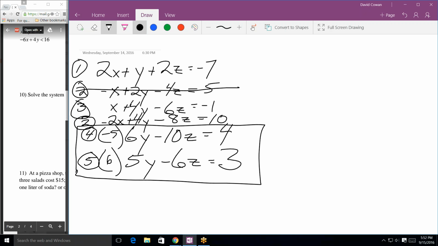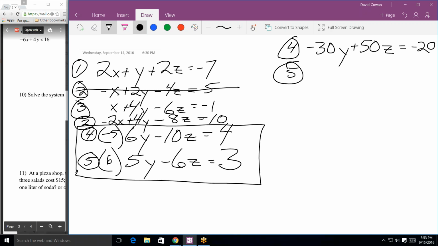Now that's going to give me new equation 4 of minus 30y plus 50z. And I have to multiply the right side by minus 5 also. Don't forget, you can't just arbitrarily multiply one side by a number. You have to do whatever you do to one side to the other.